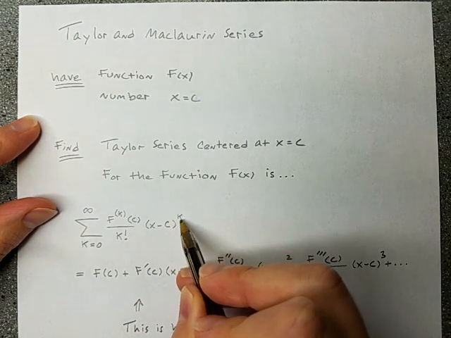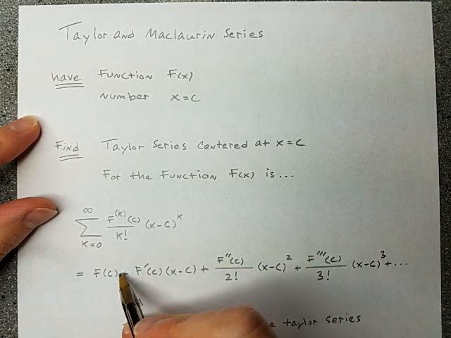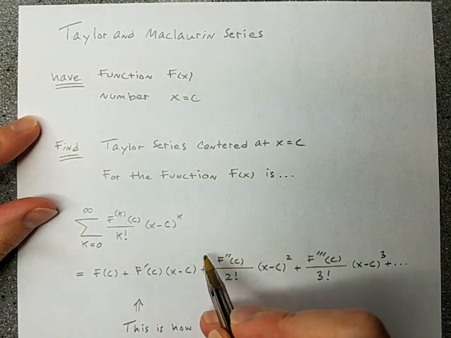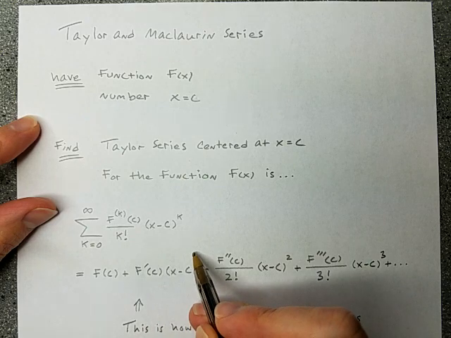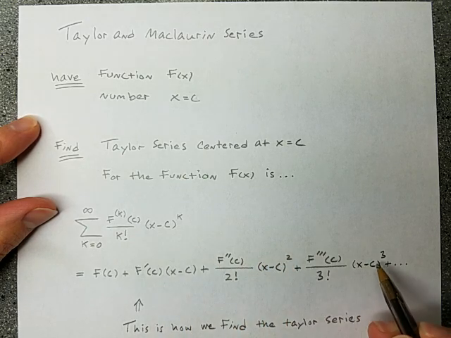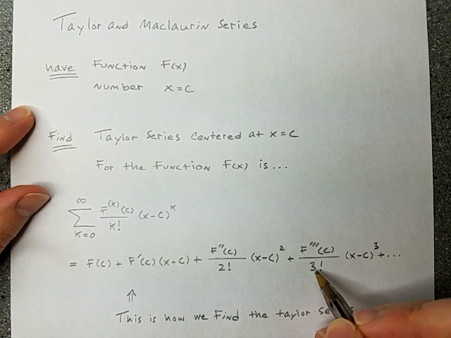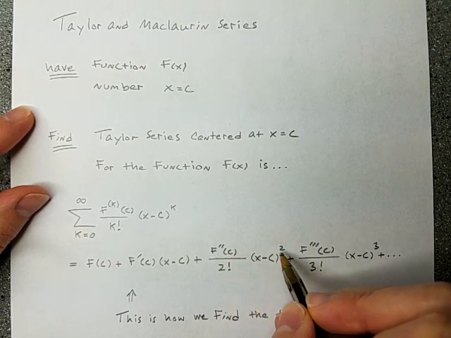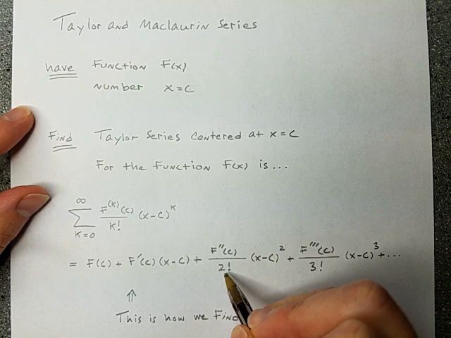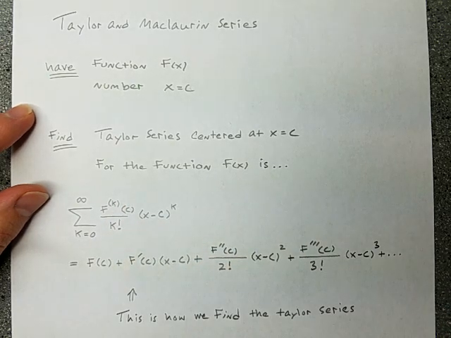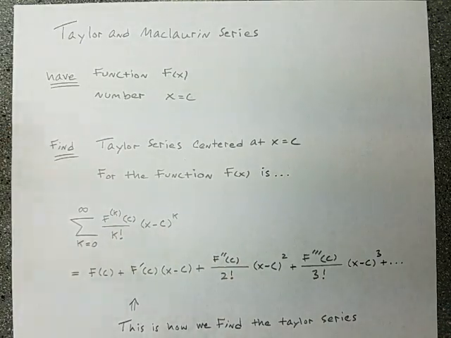And it's going to have powers 0 on x minus c, which is 1. 1, 2, 3. So you see how it matches. Third derivative, third power, third factorial. Second derivative, second power, second factorial. All from this, okay? All right, so that's just a formula.